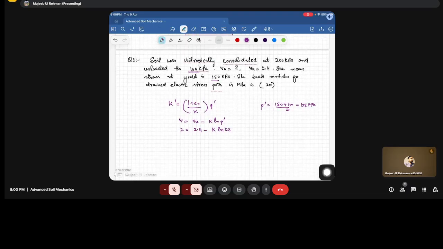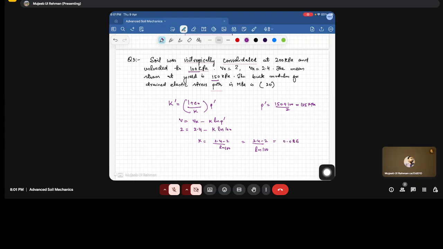From here we will get the value of kappa. Kappa is equal to 2.4 minus 2 divided by ln of, sorry, here it will be ln of P dash, and this P dash corresponds to the unloading point, it's 100. So it is 2.4 minus 2 divided by ln of 100.